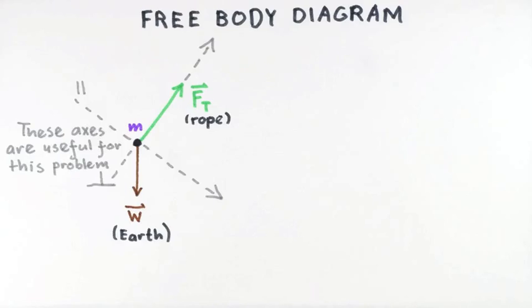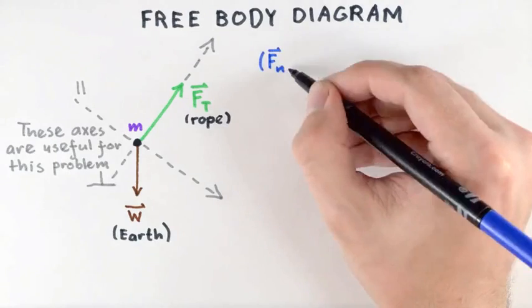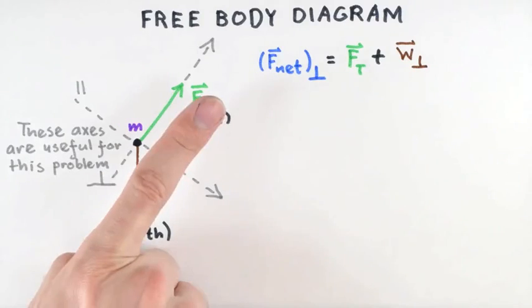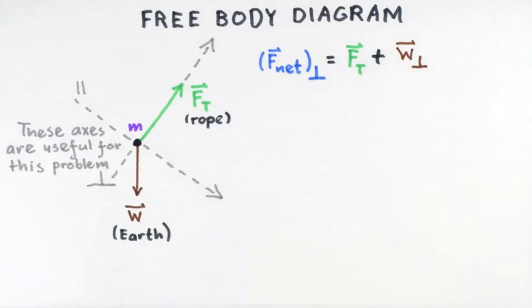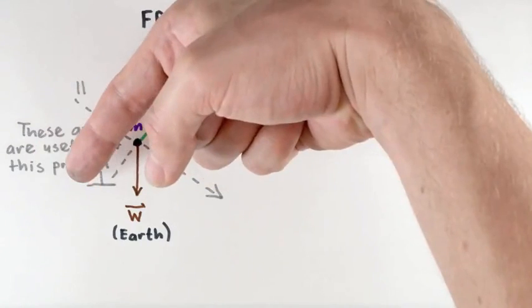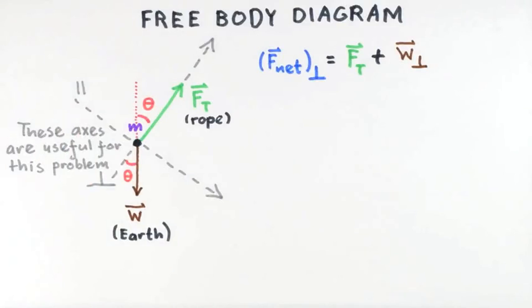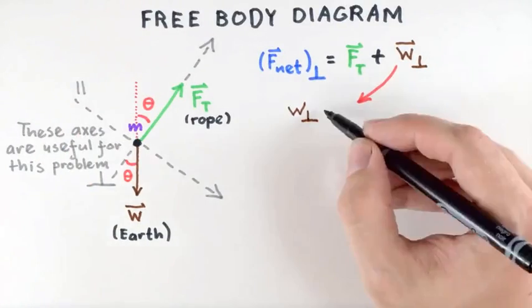The sum of the forces along this component direction, F net perpendicular, will include both the tension force and the component of the weight force along the perpendicular direction as well. Notice the tension force component is positive, points toward the center of the kissing circle, but the weight force component is negative. Using trig, we can write the weight force component with the correct magnitude and sign like this.